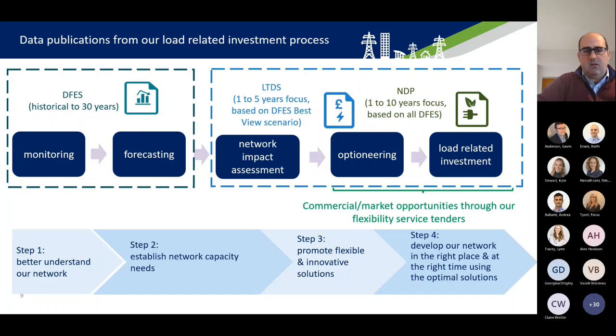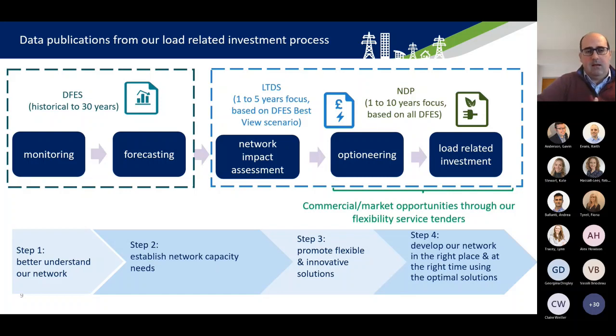So we use that information and we combine it with information around connections activity and plans of our stakeholders. We also work with external forecasting partners that have expertise on consumer choice models that give us information around longer term forecasts for low carbon technologies like EVs, heat pumps, and distributed generation. And we produce our forecasts.